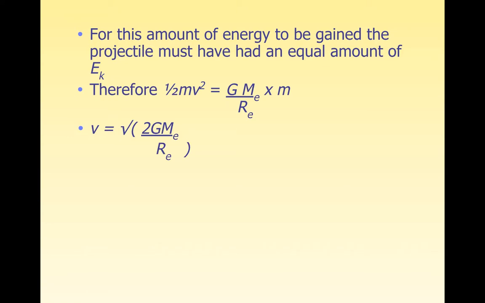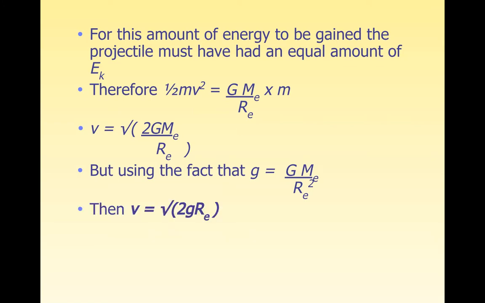If we rearrange this for v, we can see that the square root of 2 times the gravitational constant G multiplied by the mass of the Earth divided by the radius of the Earth gives us a value for v. And we know that little g is equal to G times the mass of the Earth divided by the radius of the Earth squared.